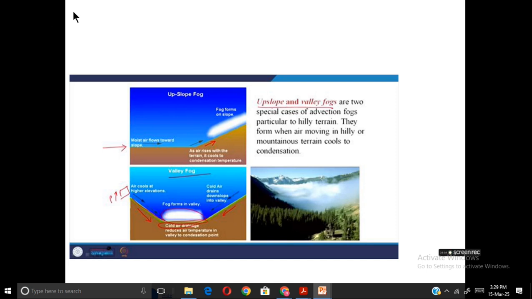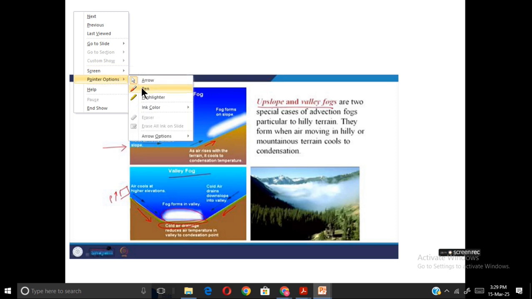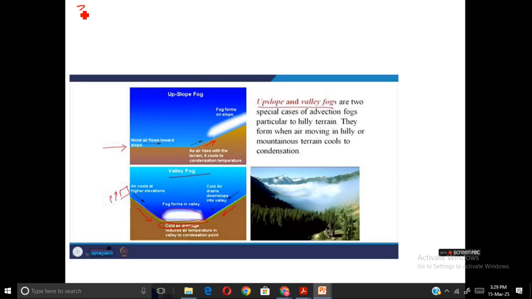Now the third type is the upslope fog. So in case of upslope fog, what happens is that moisture is flowing through a surface. Due to the elevated terrain, the parcel is forced to move up. So as it goes up, the temperature reduces.